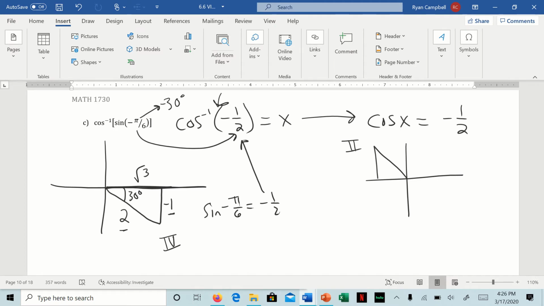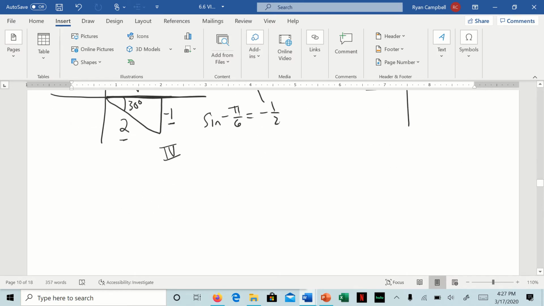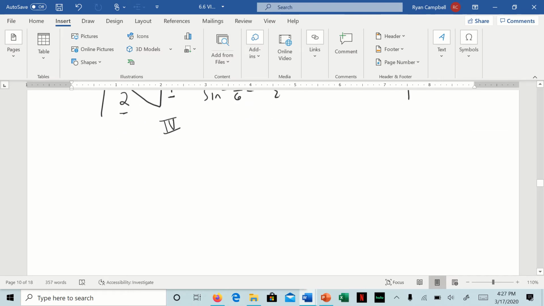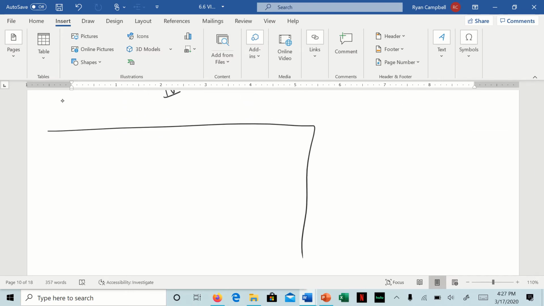But if we are given the inverse function, we know it has to be the second. If it doesn't, then it can be the second or the third. Here's an example. So I know we might have some issues with this, but if I said that x squared equaled 9, what would x be?